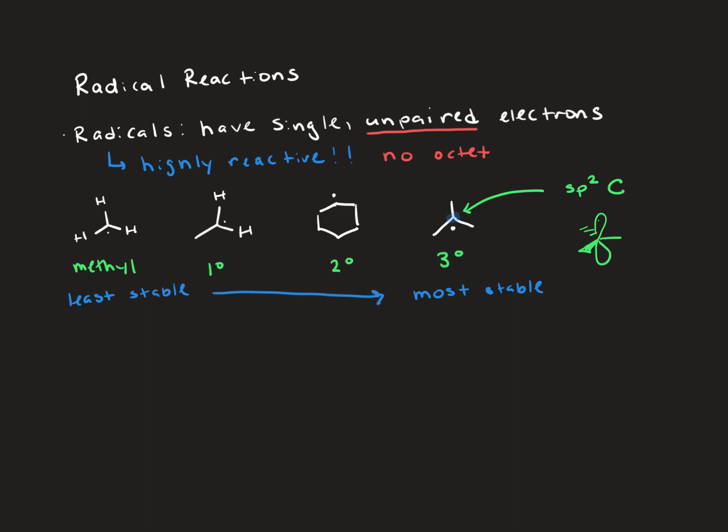This is the same trend you saw for carbocations when you were introduced to those, and it's for the same reason. Both carbocations and radicals are electron deficient. But there are significant differences in behavior between a carbocation and a radical.